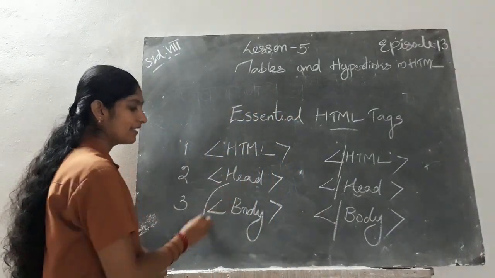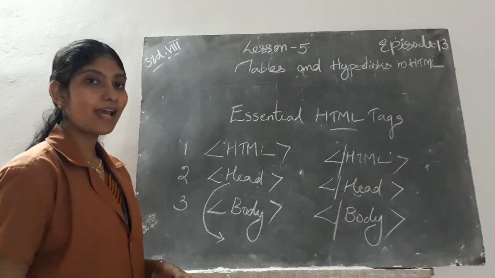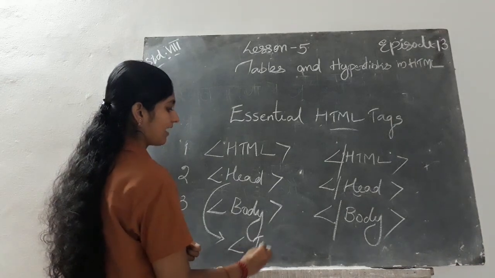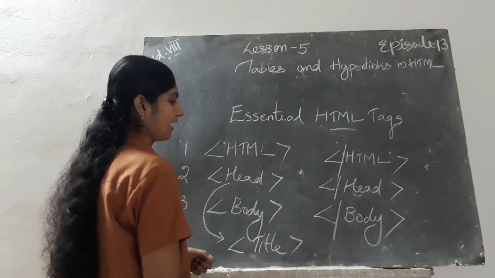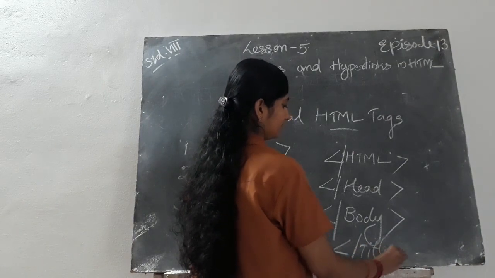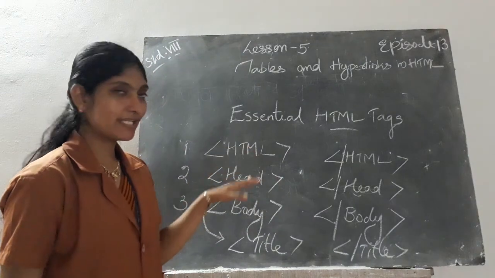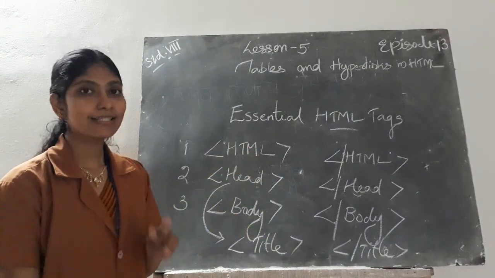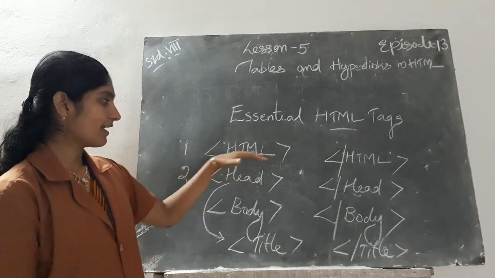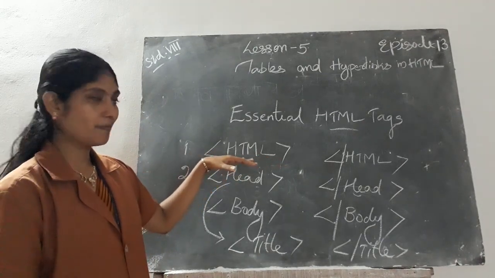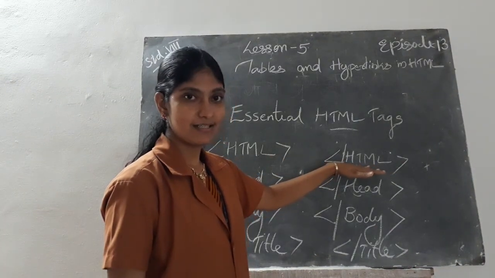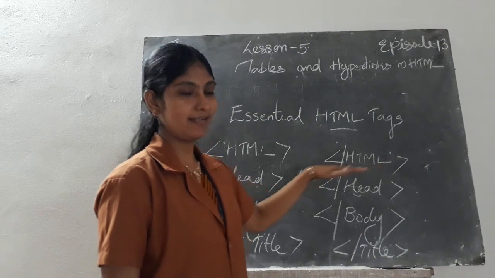Within the head tag there is another tag named title, T-I-T-L-E, title tag. So in an HTML document there are three parts. First, the HTML part: this is the start of the document, and this is the end HTML tag.